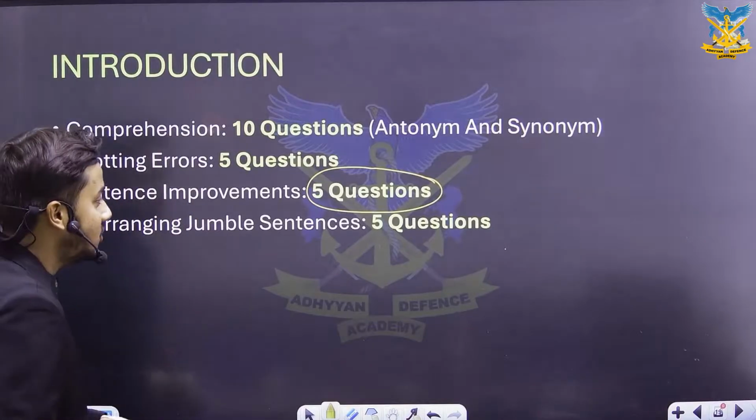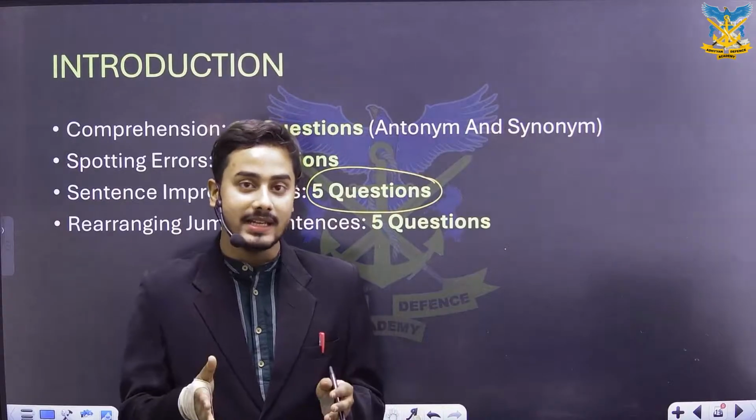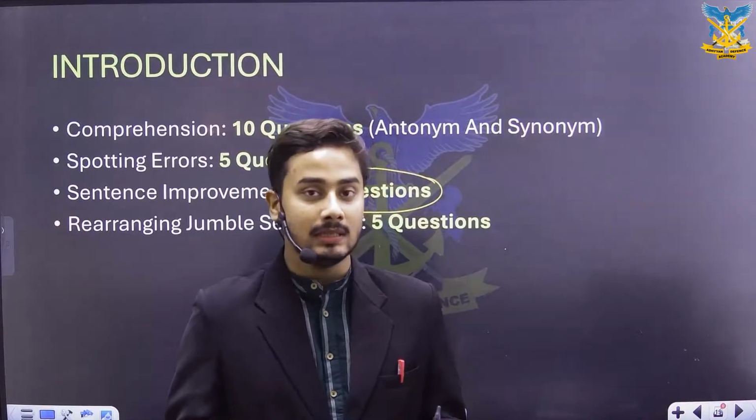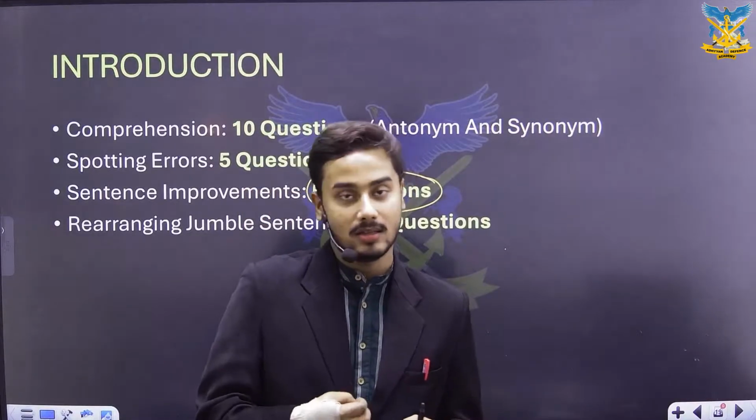Lastly, we have rearranging of jumbled sentences. इसमें क्या होता है? We have a whole sentence which is divided into 4 parts and they are jumbled. मतलब उनका जो chronology होता है वो इधर उधर होता है. हमारा काम क्या रहता है?